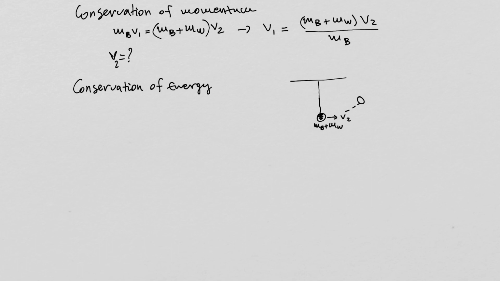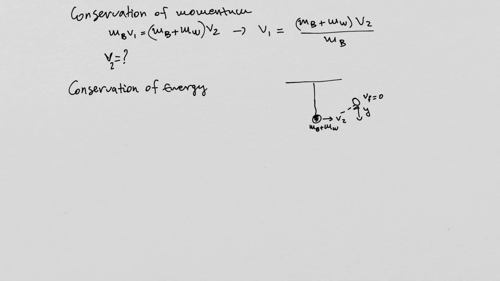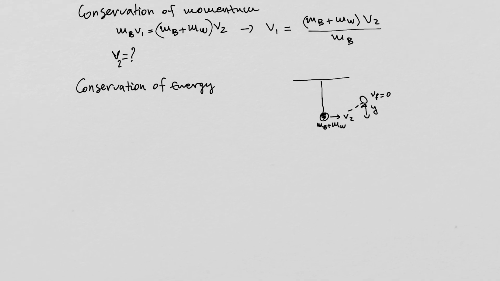It swings up and gets to a height y, where it stops. So v final here is equal to 0. So I can use the fact that the mechanical energy is conserved in this example to figure out what is the initial velocity here.